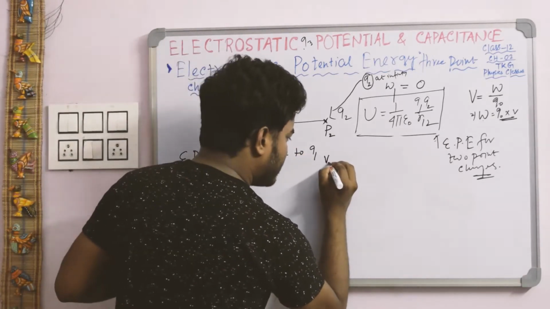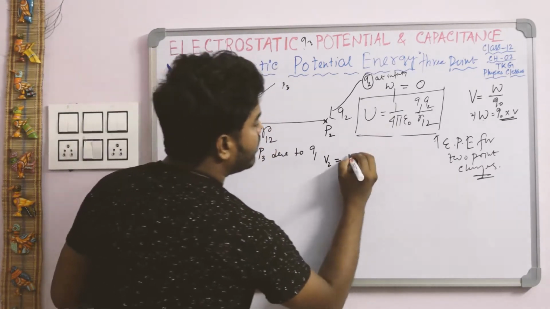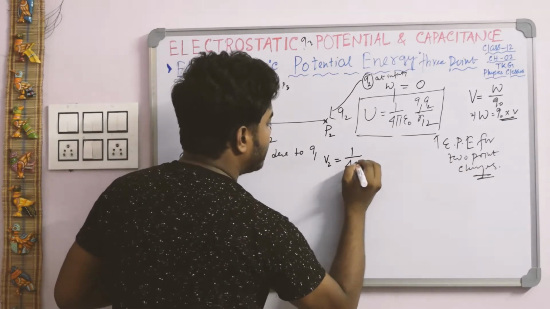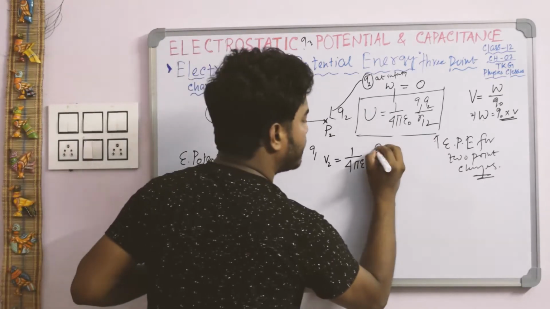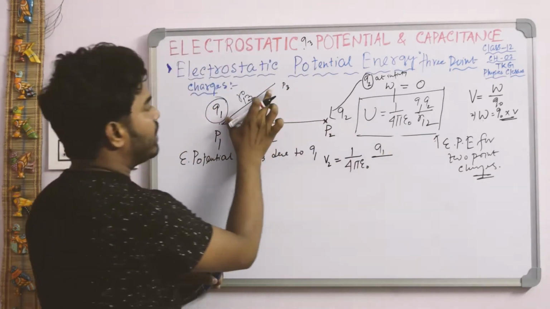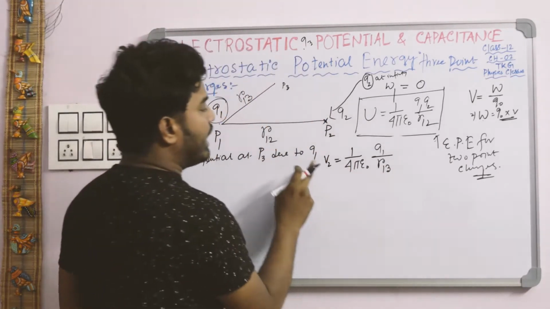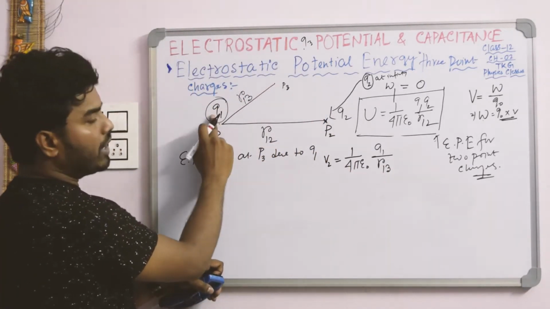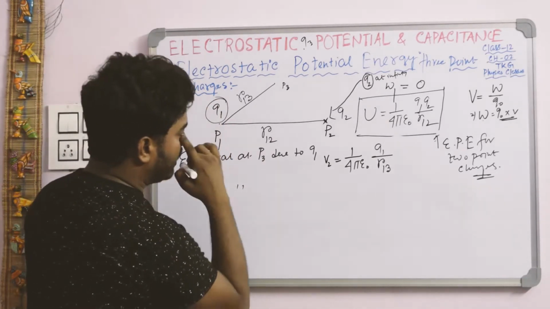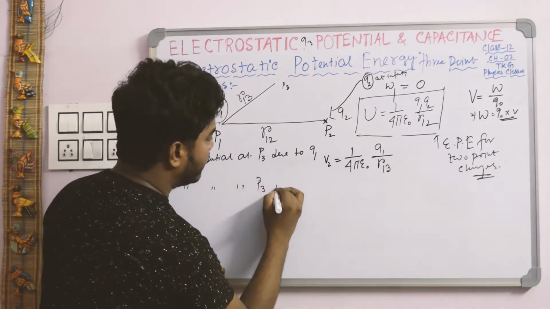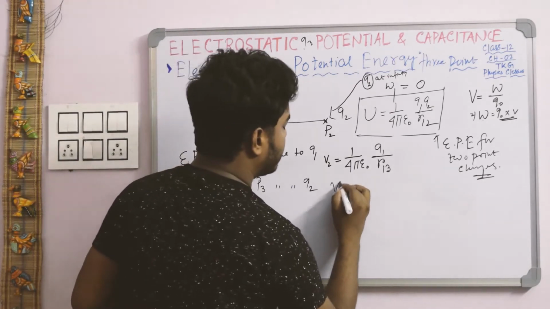So the formula, if you write it down, that is V2, will be 1 by 4 pi epsilon naught, the amount of charge Q1, and the separation R13. Clear? This is the electric potential at point P3 due to Q1. Then write down the electric potential at point P3 due to Q2, which is represented by, suppose, V3.